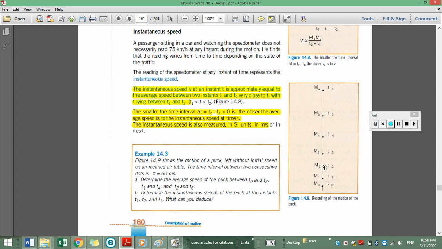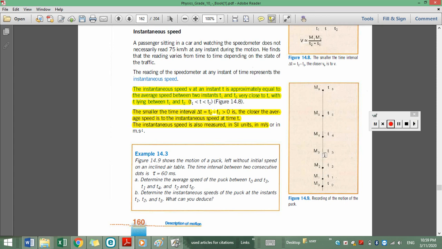Similarly for T2, the closest successive instants with respect to T2 are T1 and T3. So the instantaneous speed at T2 is equal to the distance M1M3 divided by 2 times 60 milliseconds, which is 120 milliseconds.